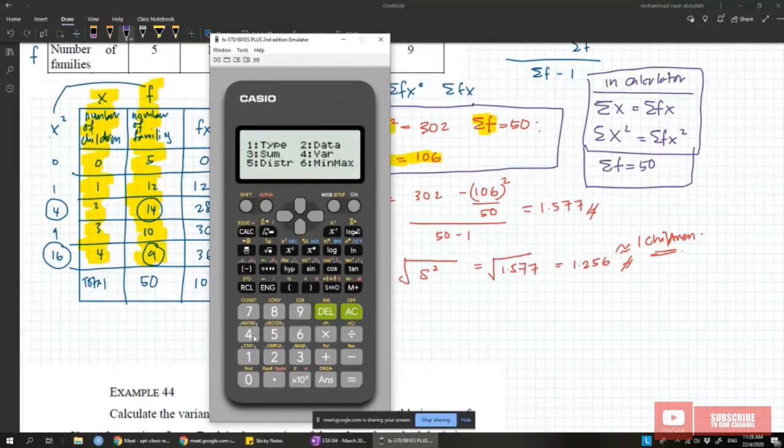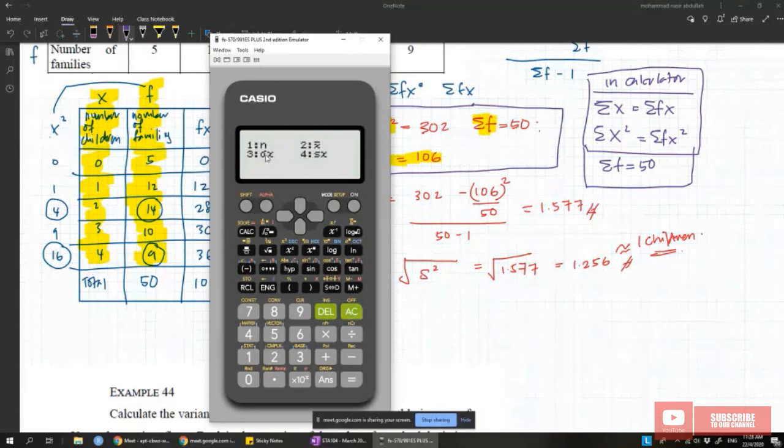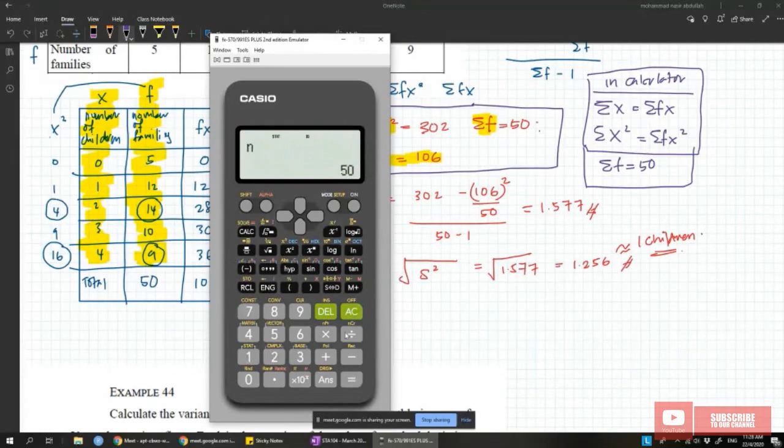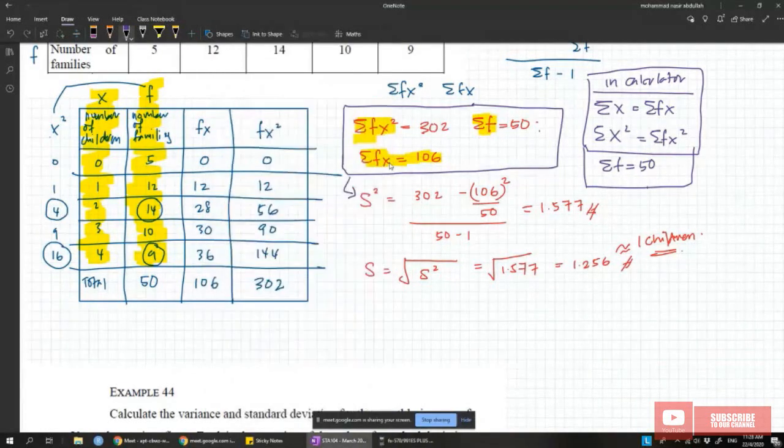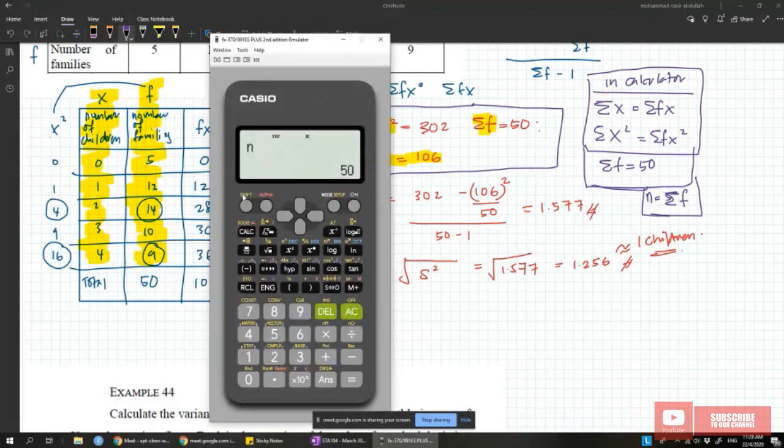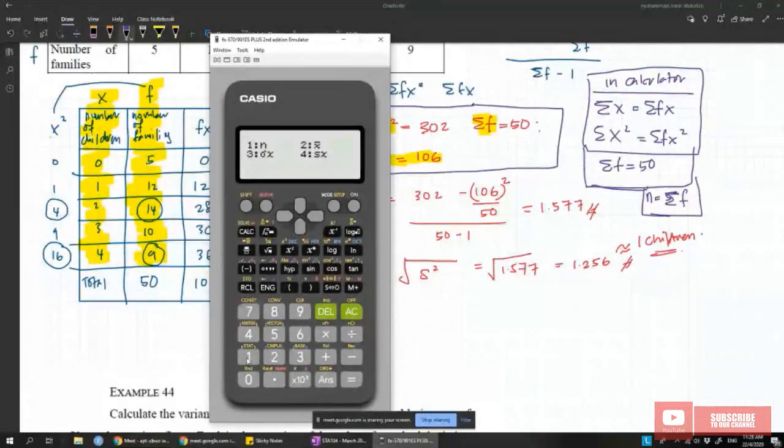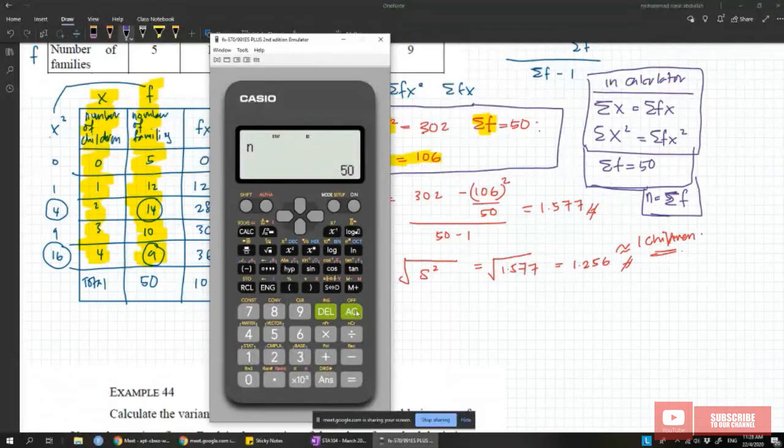Now you will see here, for the new calculator, sigma, the first one is n. n is 50. If you find n, n equals summation of f in the calculator. Just to emphasize again, if we want to find summation of f, just press shift 1 4, and it calculates n here, so n is summation of f. You don't need to calculate one by one again.